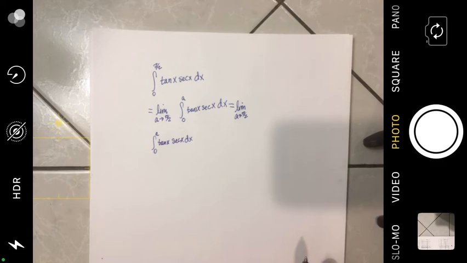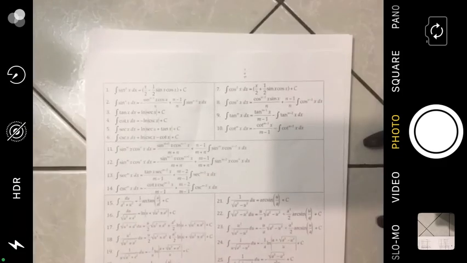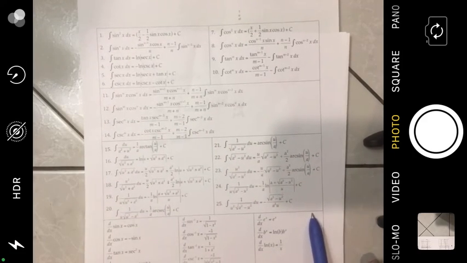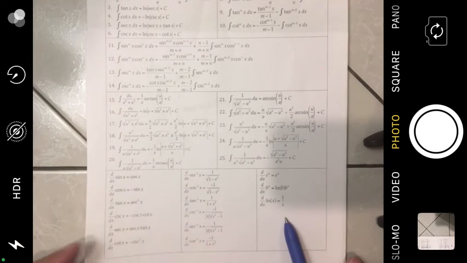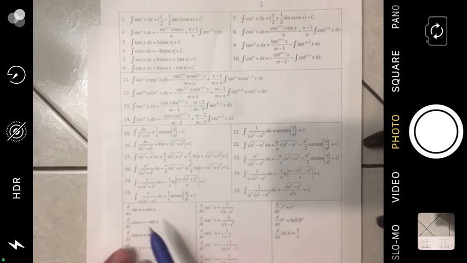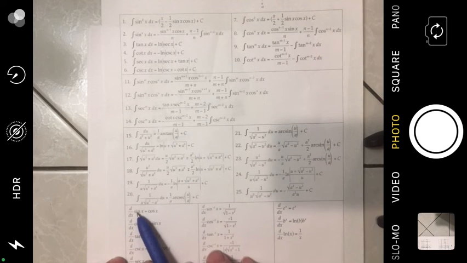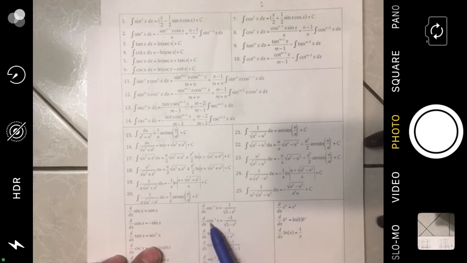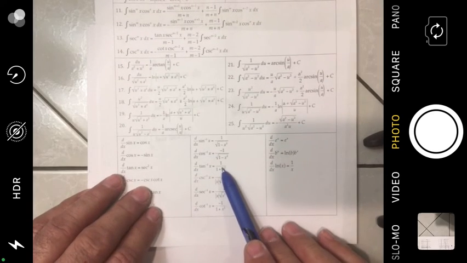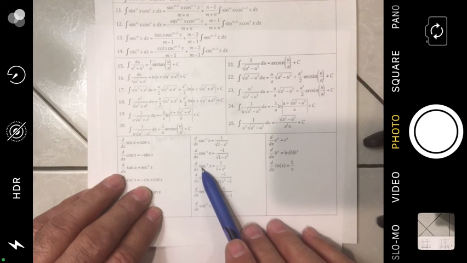Now, some of you look at the integration tables and think these are derivatives. Yes, but derivatives backwards are integration. So if you had to integrate cosine, it becomes sine. If you have to integrate negative sine, it becomes cosine. If you have to integrate this, it becomes this. One of the problems on the test looked like this, which integrates to arctangent.